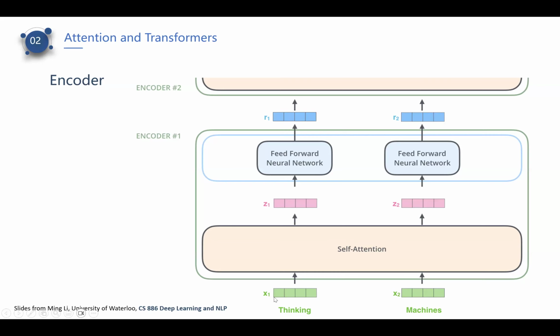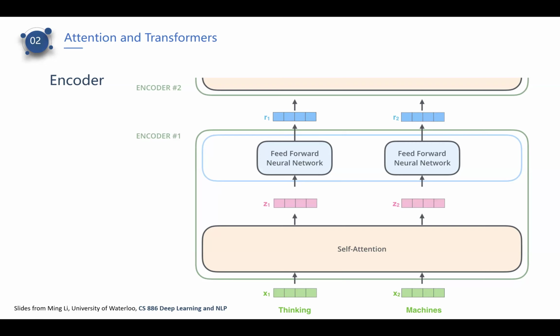We represent that in a vector, as I explained earlier, x1, and suppose here we have a 4-dimensional vector. It goes to self-attention. After the self-attention, we call the outputs Z1 and Z2. Then we have the feed-forward neural network, and after that we'll have R1. Again, the idea is that we have parameters here that we are learning, and the feed-forward neural network will learn with other parameters, and there will be millions and millions of parameters. That's what the whole deep learning is about.